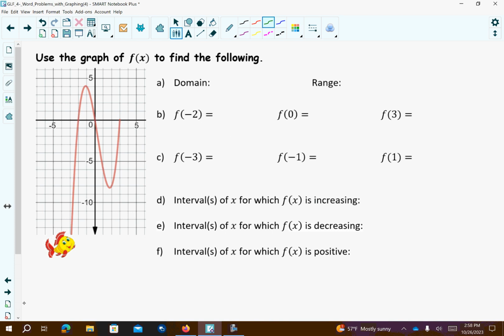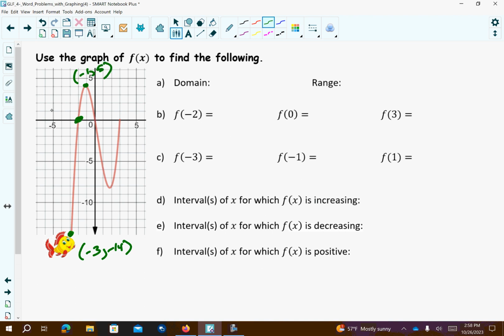So we've done quite a bit of this. So let's take a look at this. Let's say that this is a point down here. So that point down there is -3, -14. And then this point up here is -1, 5.